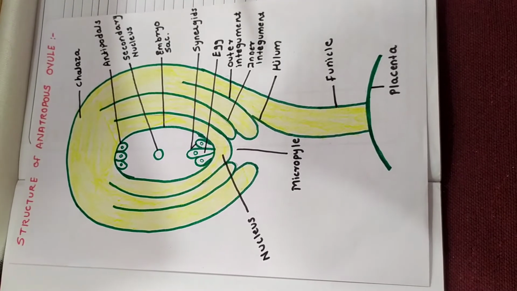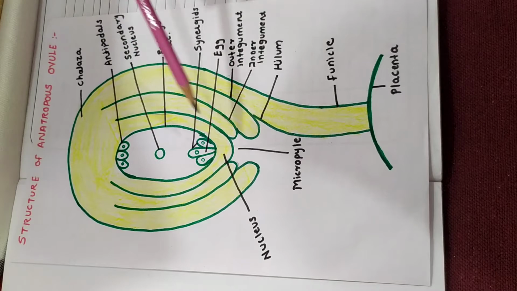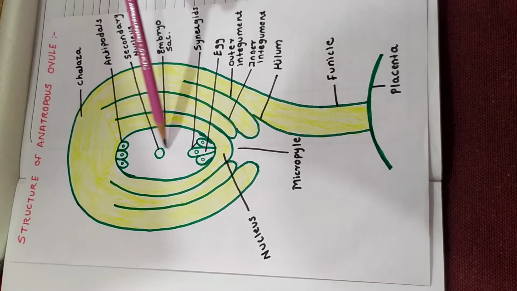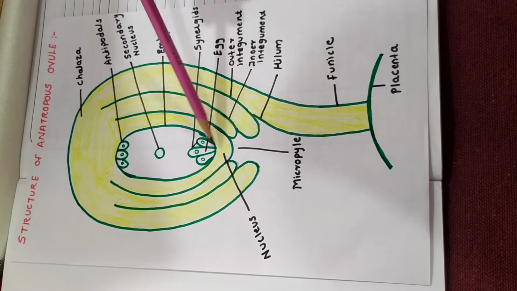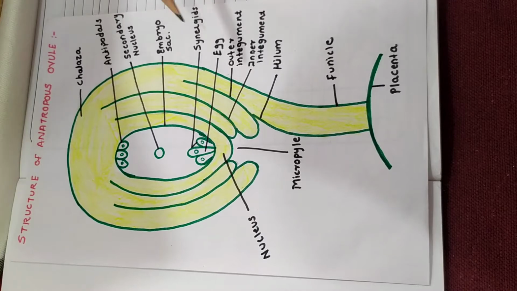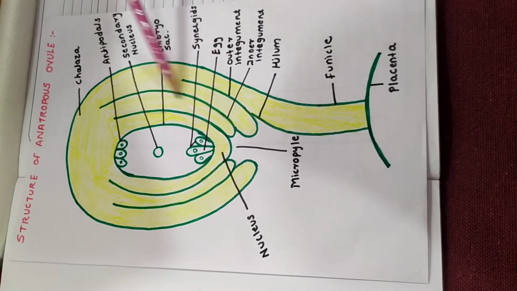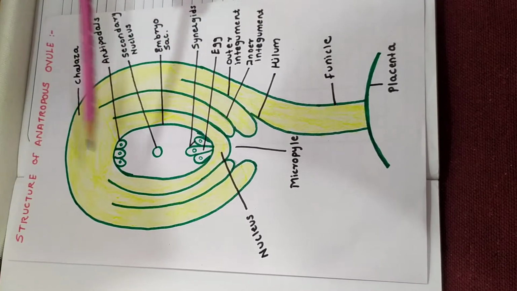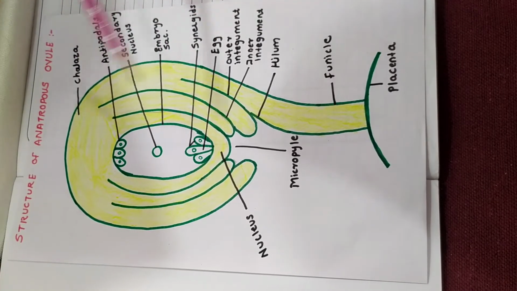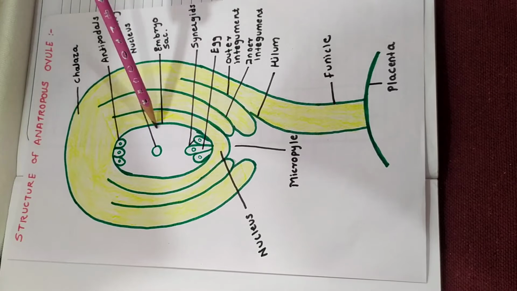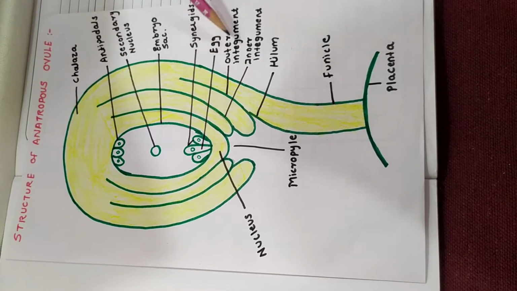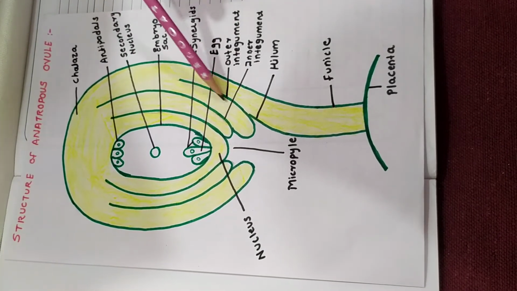So the ovule contains central parenchymatous tissue, the nucellus, and protective coverings. These folds which you can see are the protective coverings which protect the entire ovule or embryo sac. This is the outer integument and this one is the inner integument.